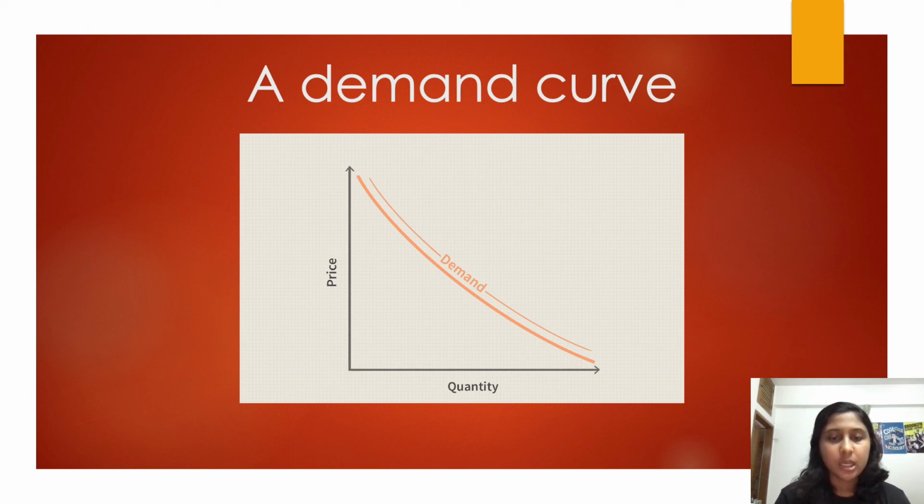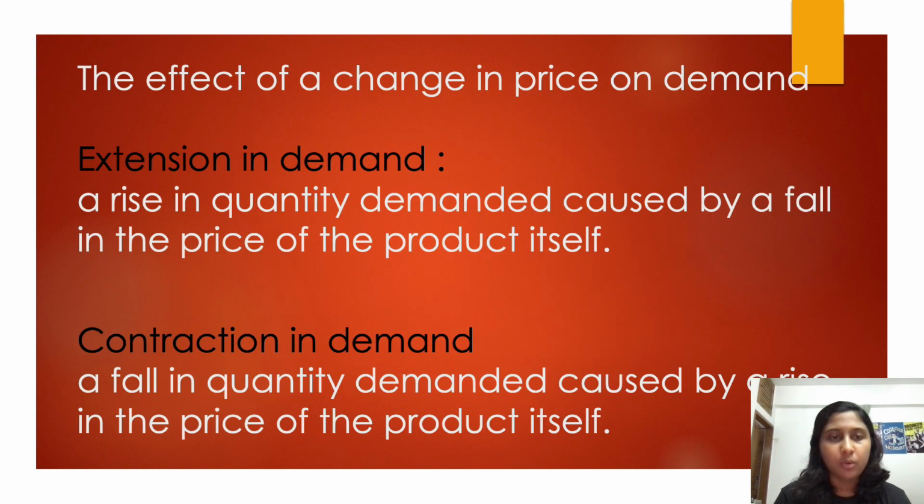All right. Now we will be discussing two very important things: the effect of a change in price on demand. The first one is extension in demand, which is a rise in quantity demanded caused by a fall in the price of the product itself. It's very simple. In the previous video, we talked about how a fall in the price of a product is likely to lead to a rise in the demand for it.